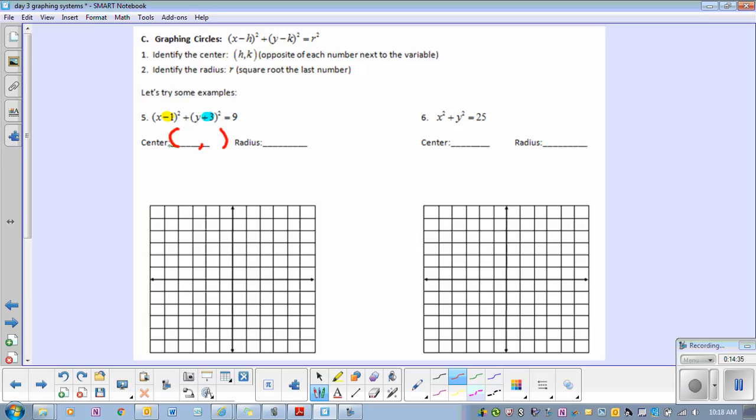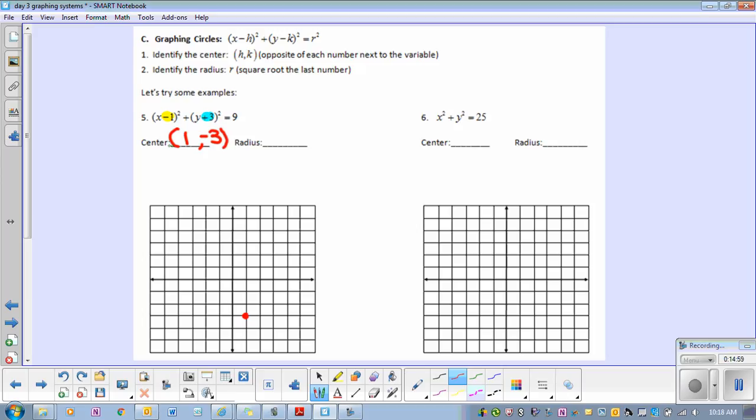What's the opposite of the number? 1. 1. What's the opposite of the number that's inside the parentheses with the y? -3. Okay, that's your center. That's like the middle point of your circle. That's the center. Okay? So let's go and graph that. 1, -3. So right there. Yeah?